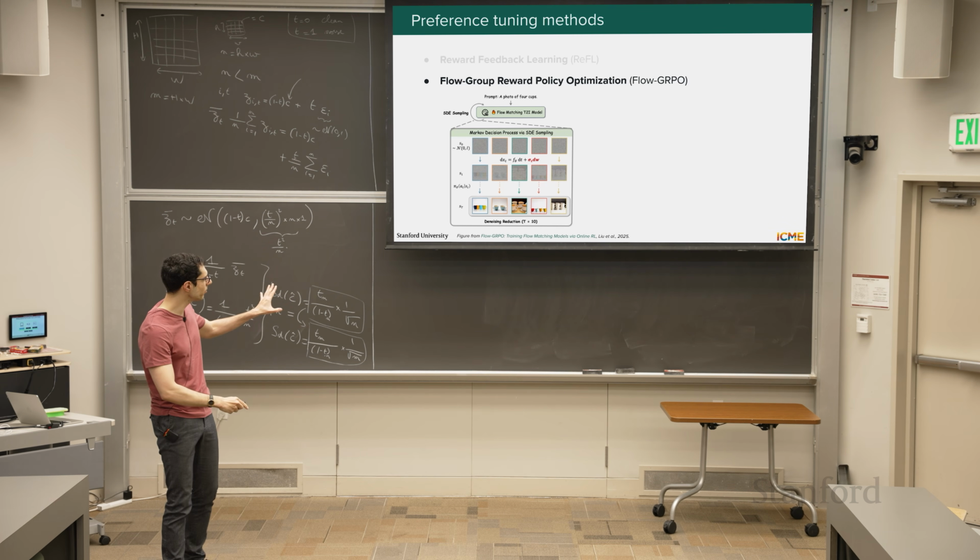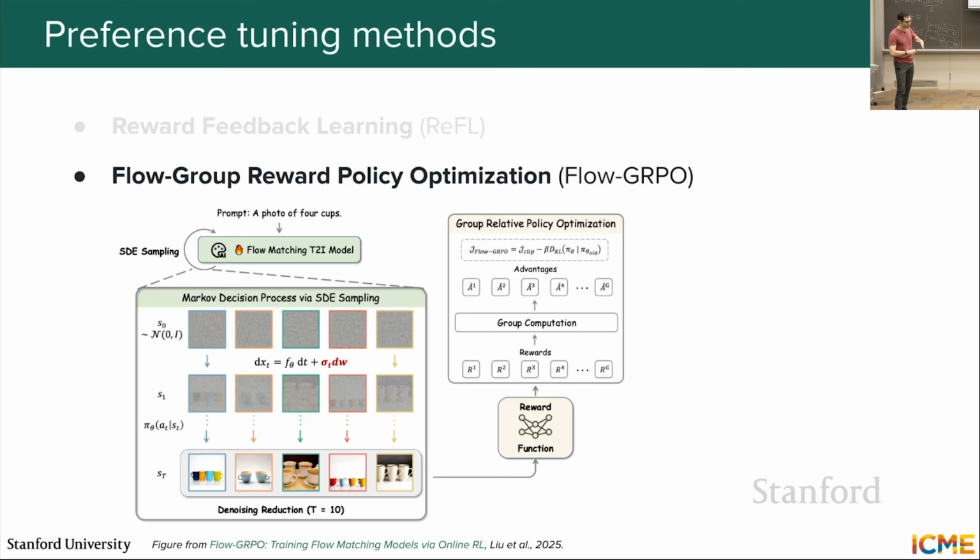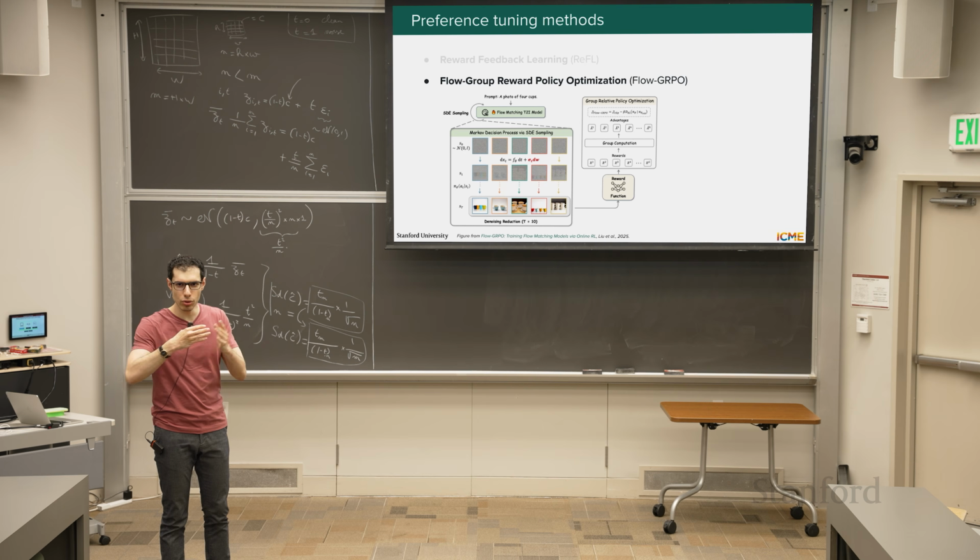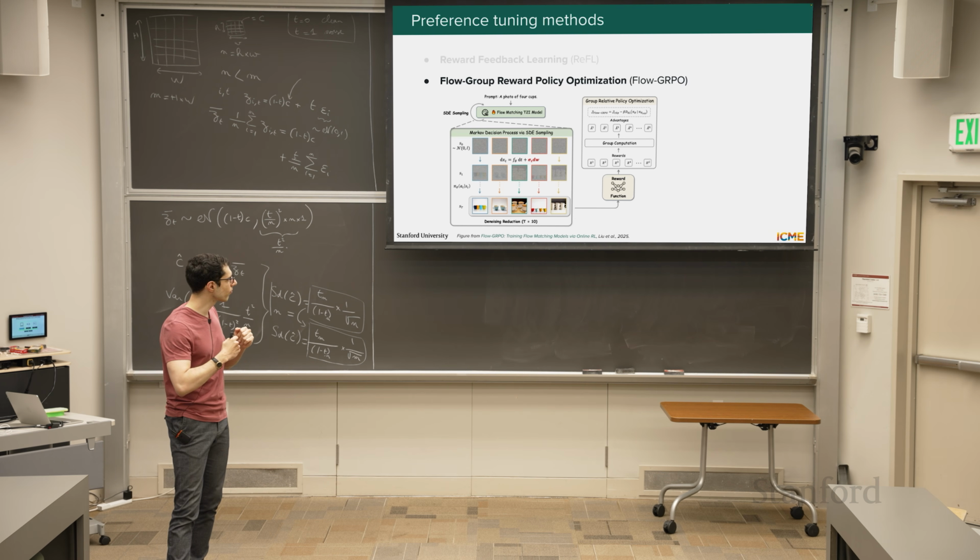This is all so that, for a given prompt, we have a diverse set of images, and from there we can compute relative rewards, meaning you pass each prompt along with each image to some black box reward model, and it tells you whether or not that is a good image.